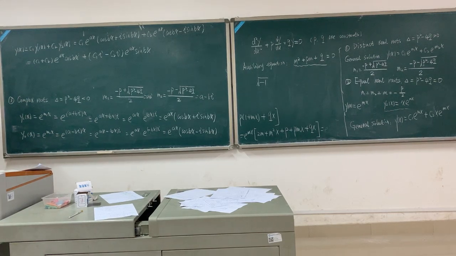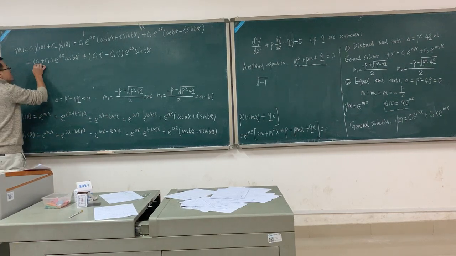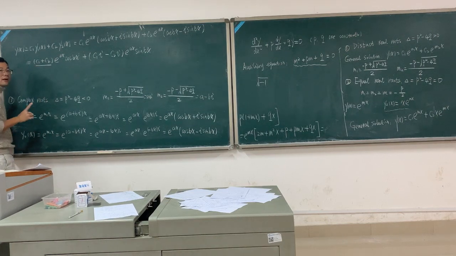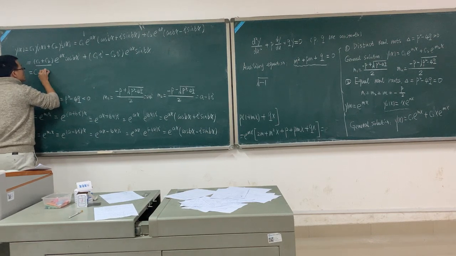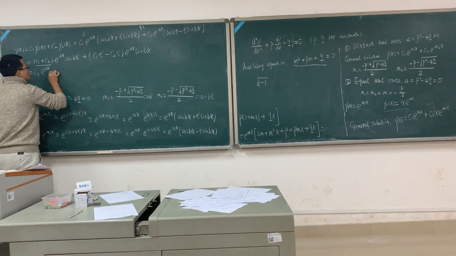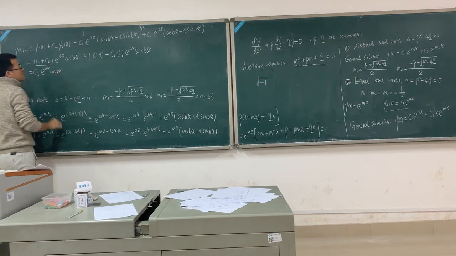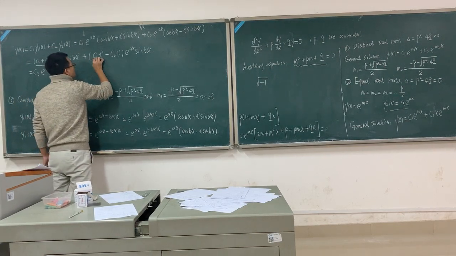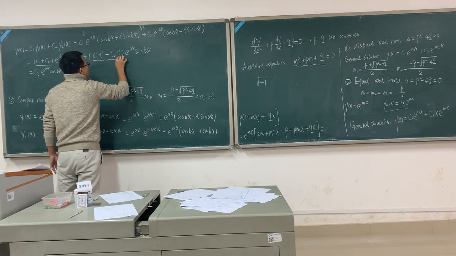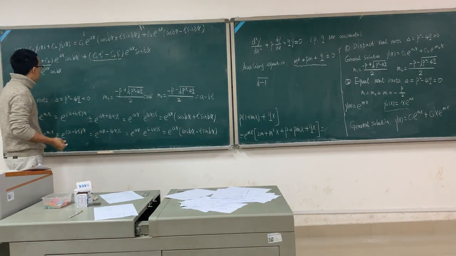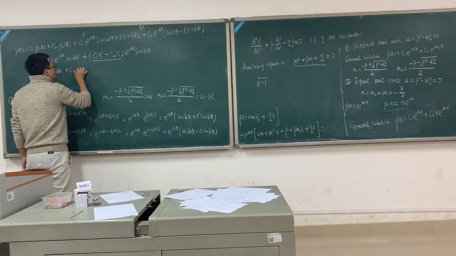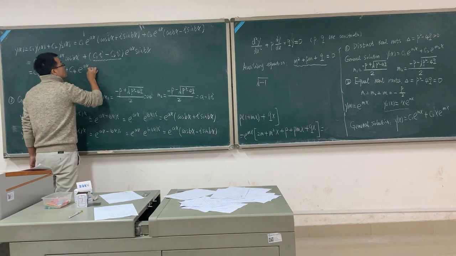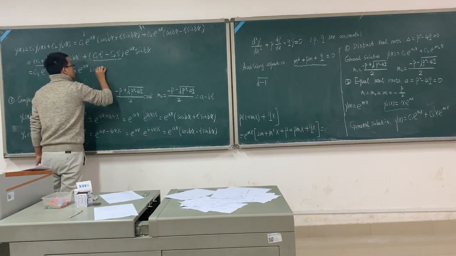So we denote c1 plus c2 by a new constant c3, so here is c3 e^(ax) cosine bx, and we denote c1 i minus c2 i by another constant c4, so c4 e^(ax) sin bx.